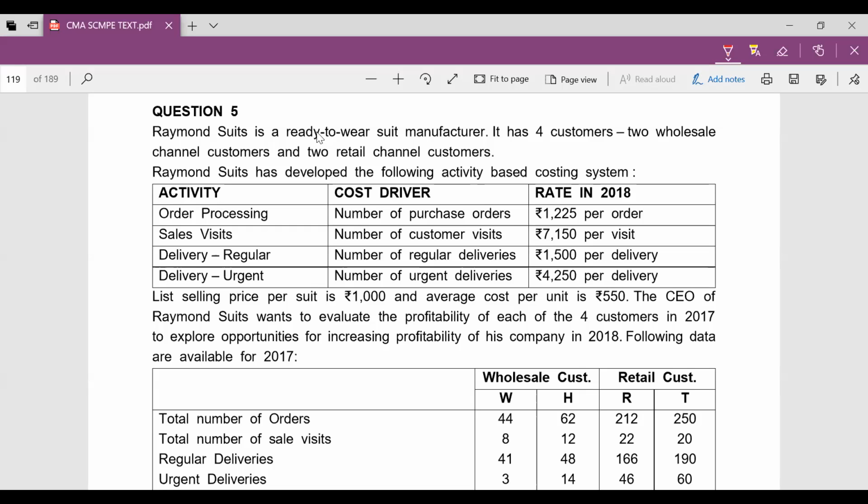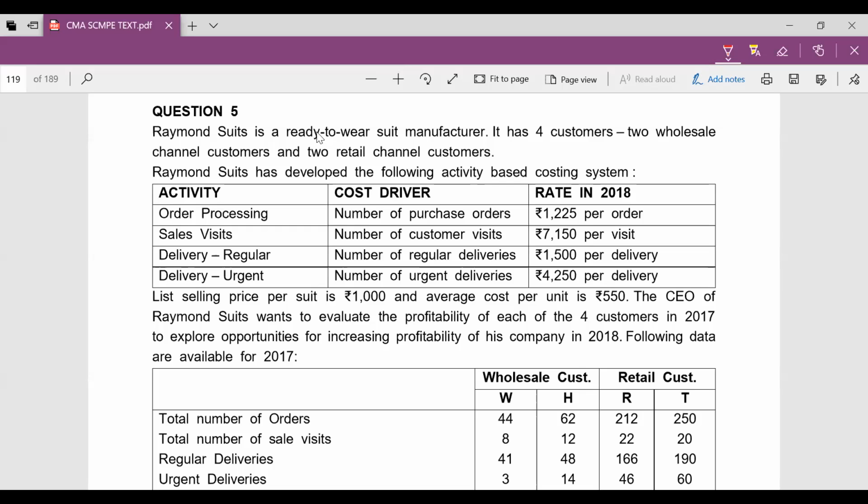Activities are order processing, sales visits, delivery regular and delivery urgent. Cost drivers are given to you: purchase orders, customer visits, number of regular deliveries, urgent deliveries, and the rates are given. So cost driver rates are already given. You don't have to calculate. List selling price per suit is 1000 rupees and the average cost per unit is 550 rupees.